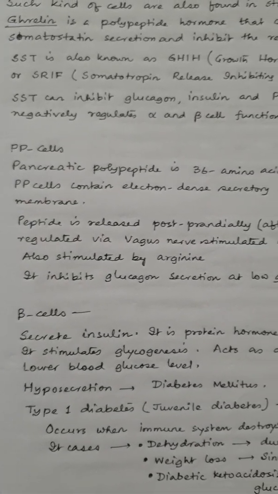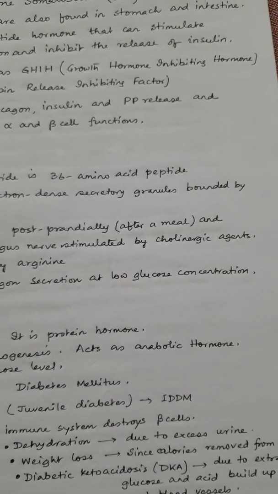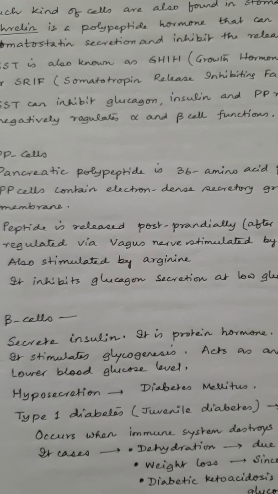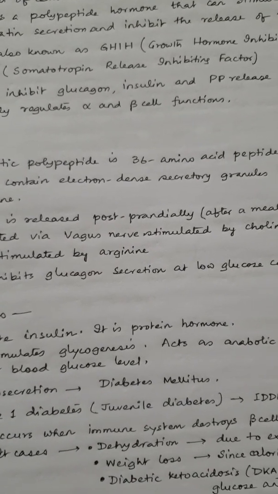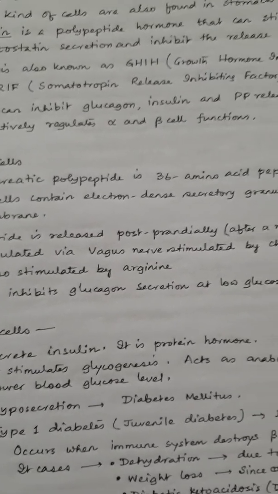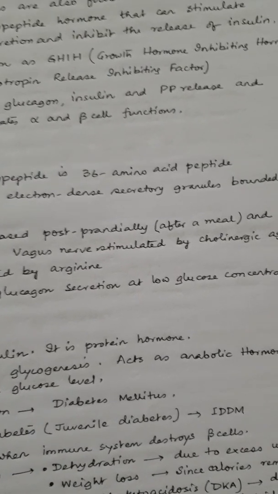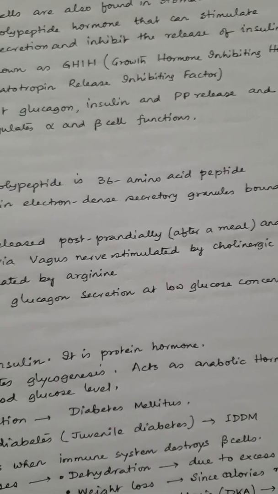Somatostatin is also known as GHIH or growth hormone inhibiting hormone or SRIF called somatotropin releasing inhibiting factor. Somatostatin can inhibit glucagon secretion, insulin secretion, and PP release and negatively regulates alpha and beta cell functions.